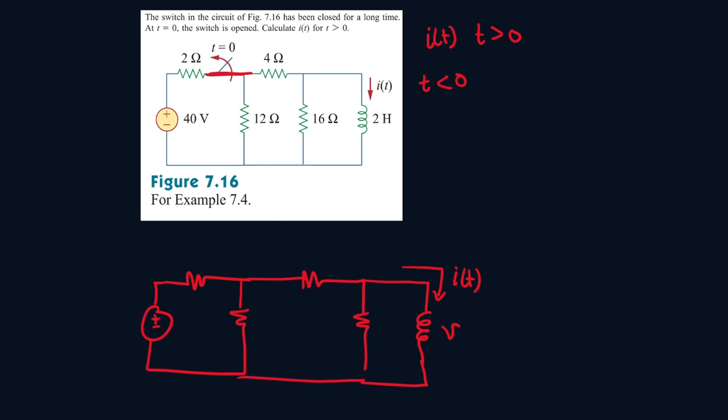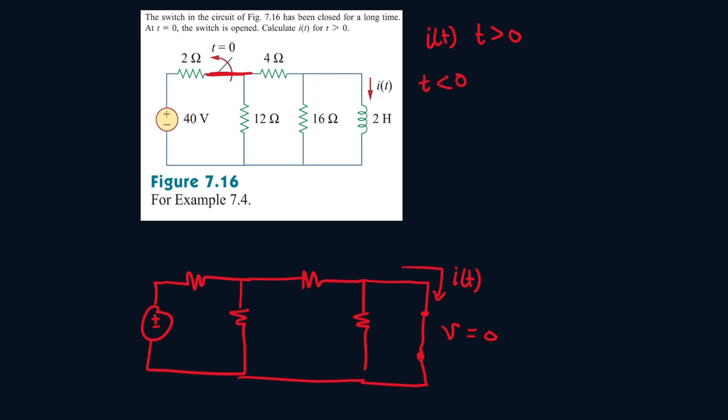So the voltage across this inductor is equal to the inductance value times the change in current over the change in time. Since time was a very long time, we're going to take it to be infinite. That means the voltage here is 0, and that means we can replace this with a short circuit instead.